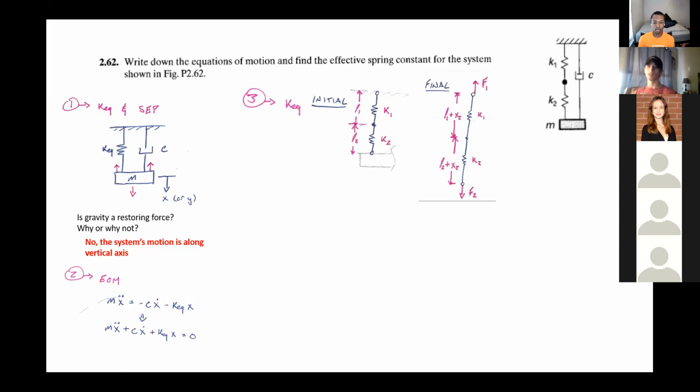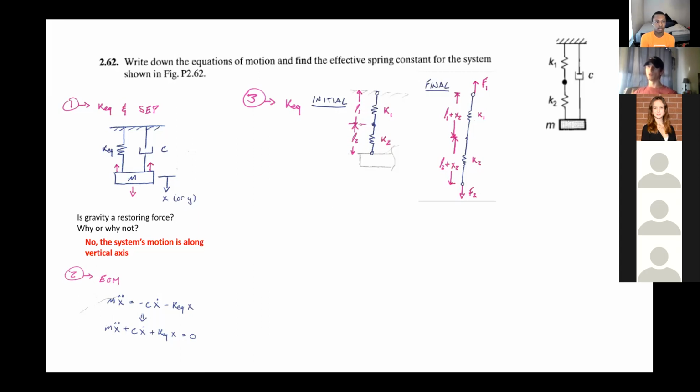Because I know it's really hard for me to remember that stuff from electrical, with inductors and capacitors and resistors, and now we've got springs and dampers in parallel versus series. They flip-flop all the time, and it's hard to remember all of that.